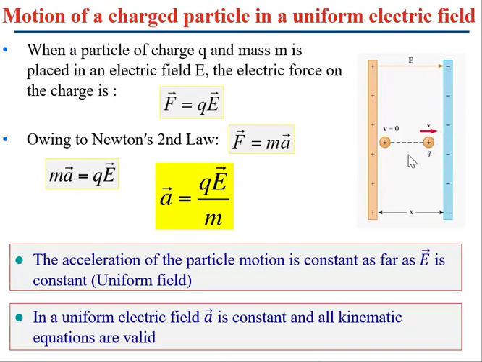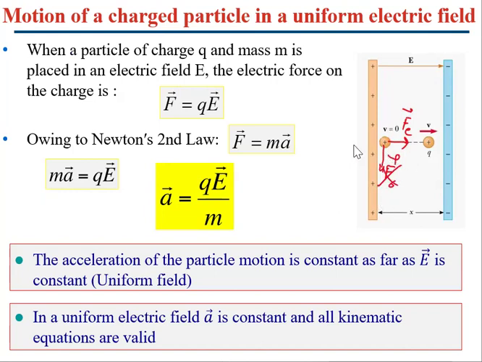If we want to apply Newton's law, how many forces do we have? We have an electric force, and there is a gravitational force also, but the gravitational force is neglected.